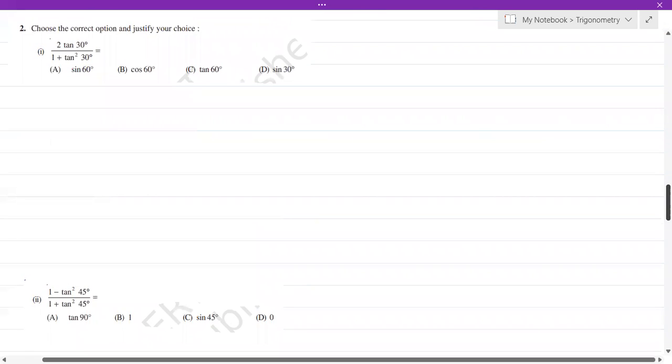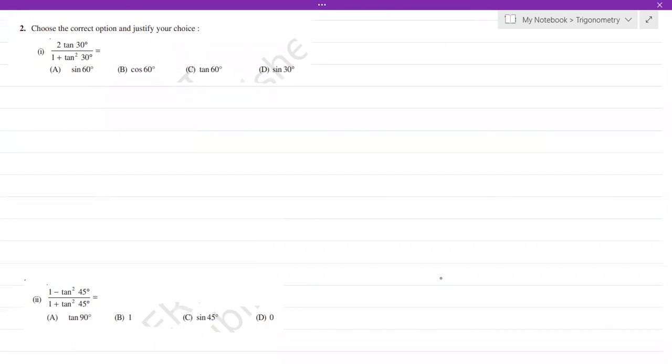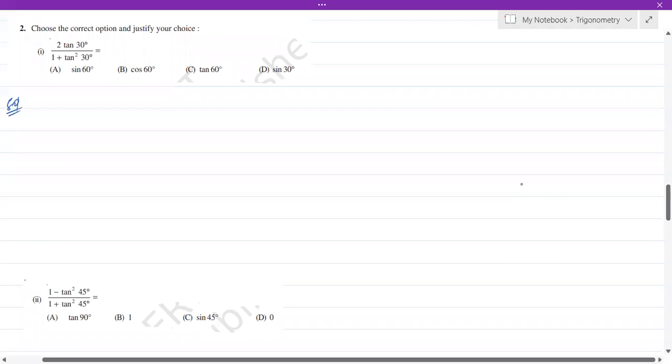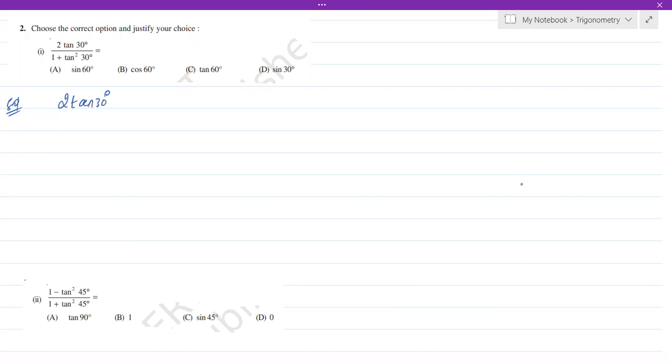So let's get into the next one. Choose the correct option and justify the answer. So it is 2 tan 30 divided by 1 plus tan square 30. Let's rewrite the question. 2 tan 30 degrees divided by 1 plus tan square 30 degrees.